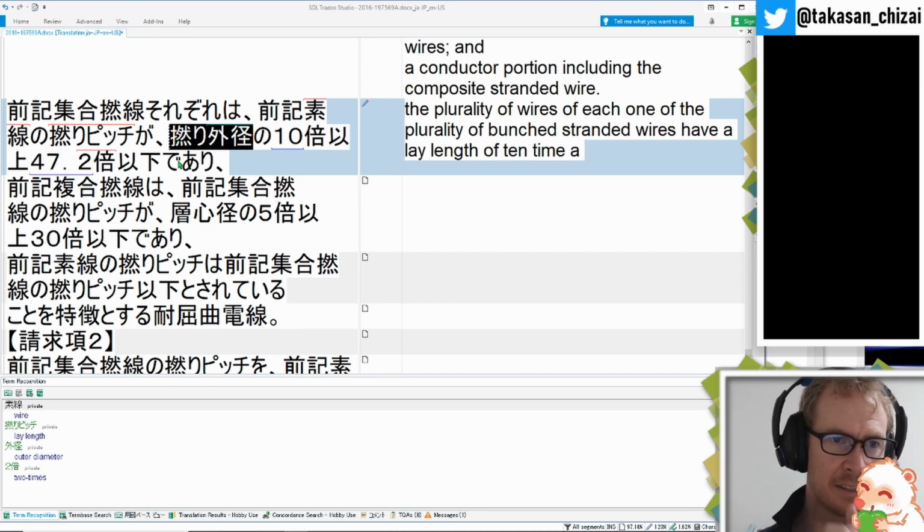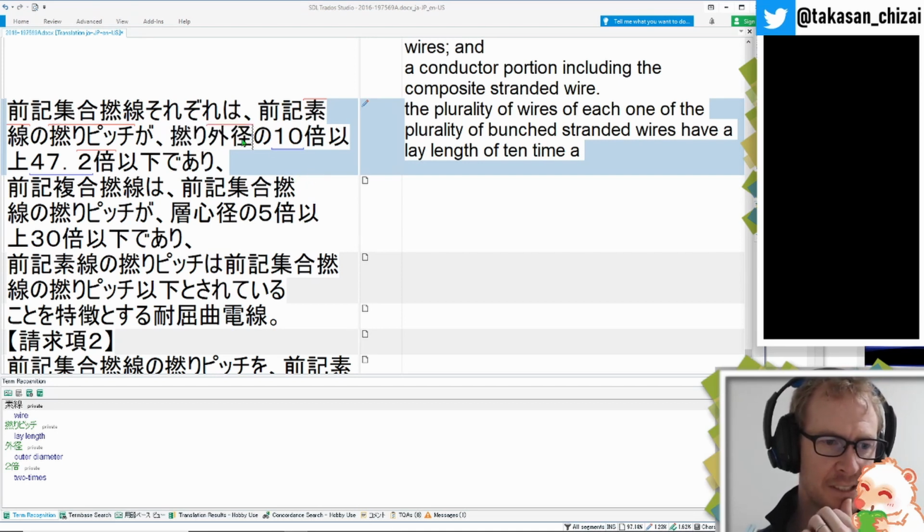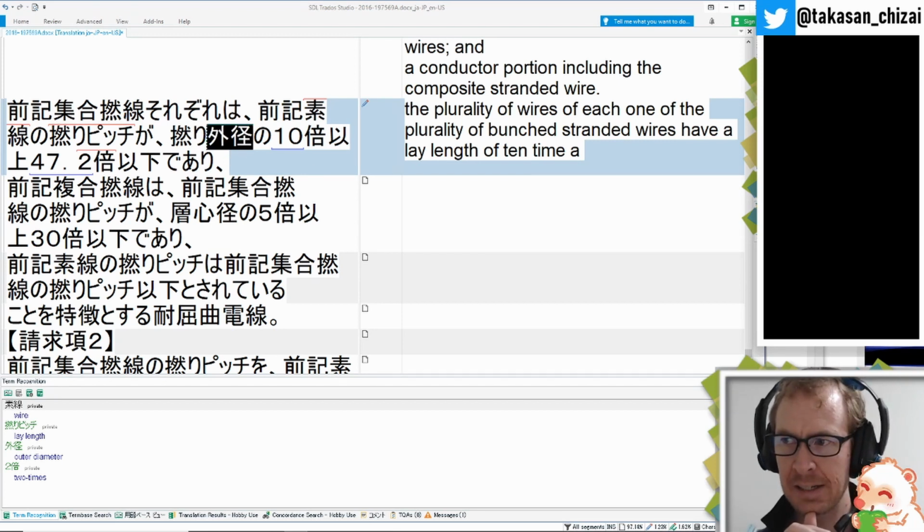It's an outer diameter of a twist. But twists don't have outer diameters. So this would be of the wire, the outer dimension of the wire, I want to say. That would make sense.